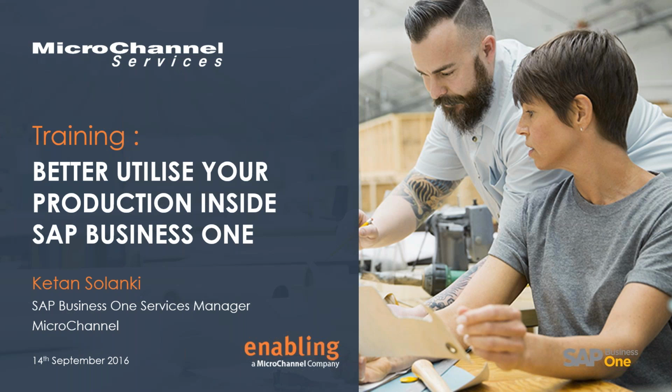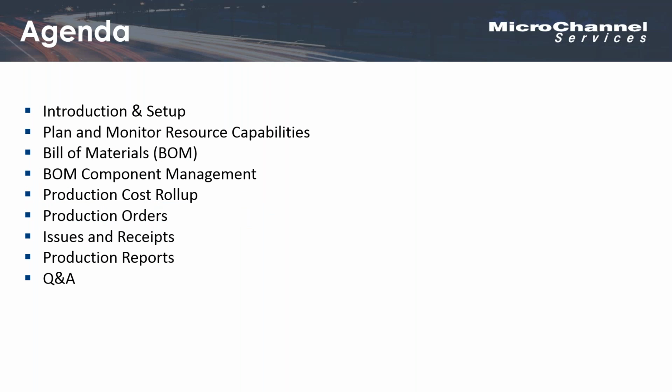Let's have a quick look at the agenda we've got for today. So we're going to run through a bit of an introduction of the production module, then have a look at some of the setup related to it. Have a look at the resource capabilities in SAP.